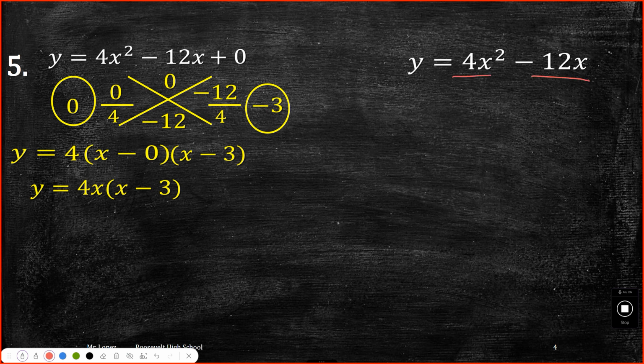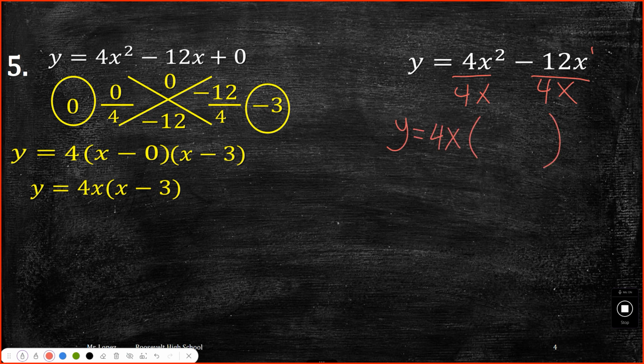What's the biggest number that divides evenly into 4 and negative 12? 4. Now, the smallest x is the biggest. So this one is x squared, this is x1. Sounds contradictory. The smallest x is the biggest that we're going to take out. The GCF is 4x. So I'm going to take out 4x. So this is going to be y equals 4x.